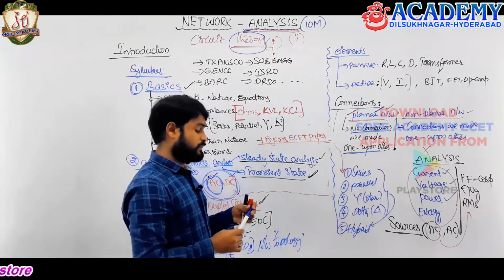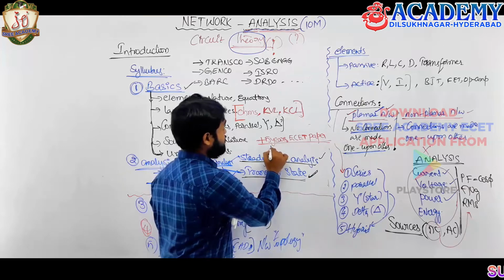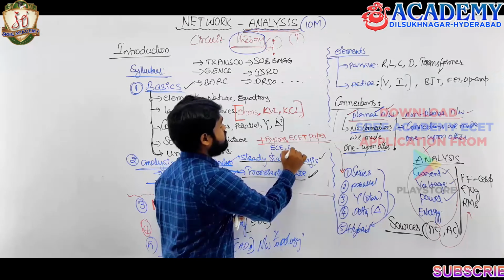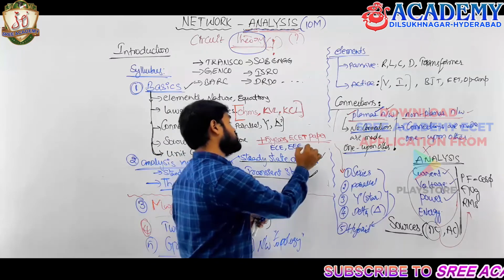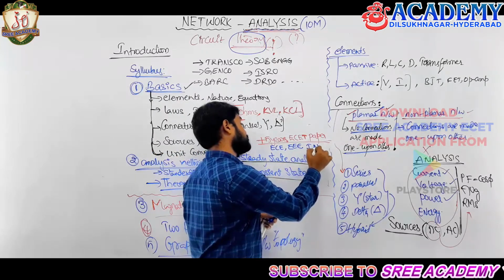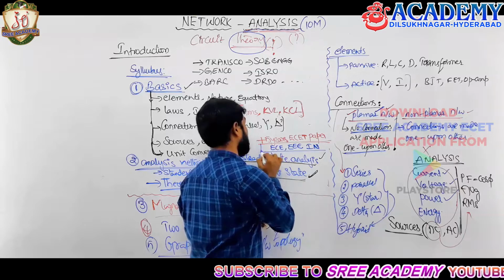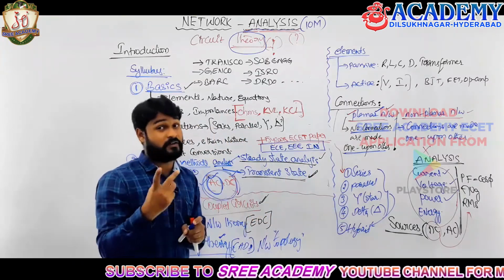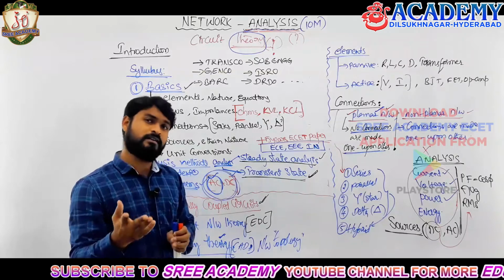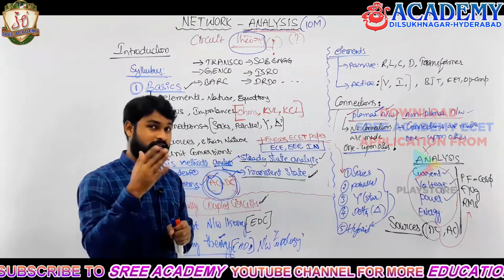You need to see the ECE paper, the EEE paper, and of course instrumentation. These three branches' question papers, the last 5 years' papers, are available on our Sree Academy site or in our app.